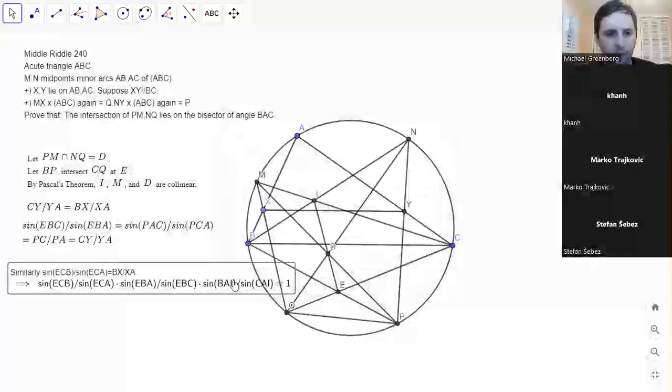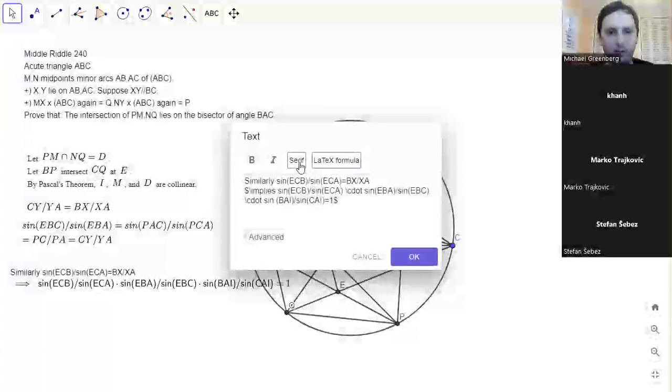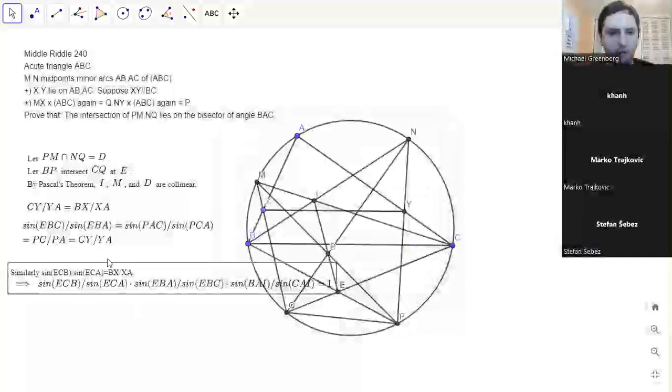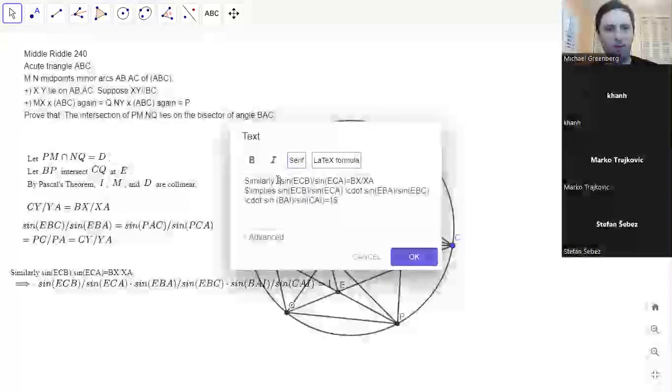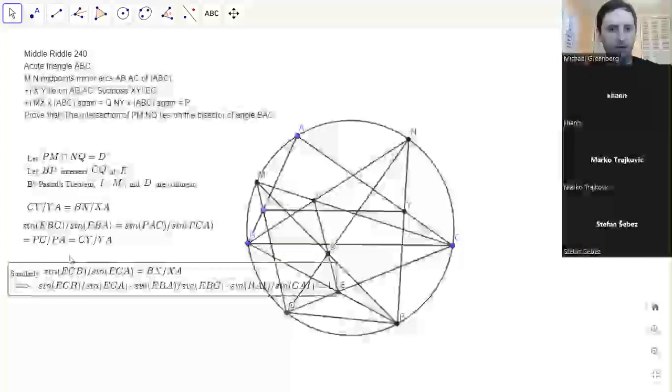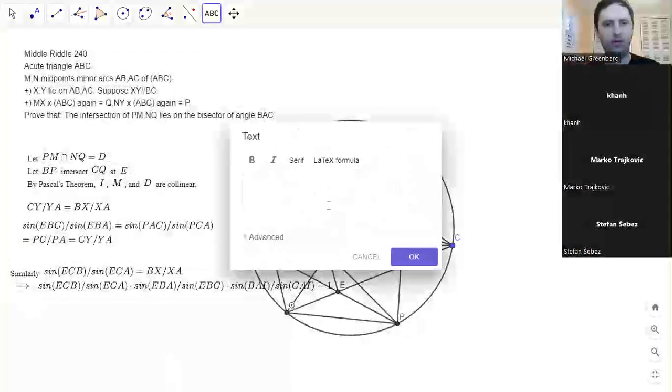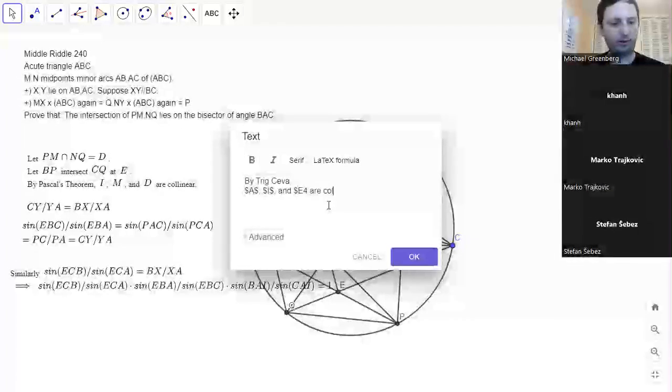So by Trig Ceva, A, I, and E are collinear.